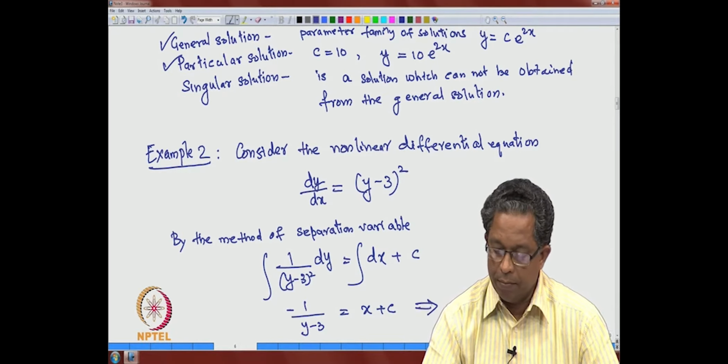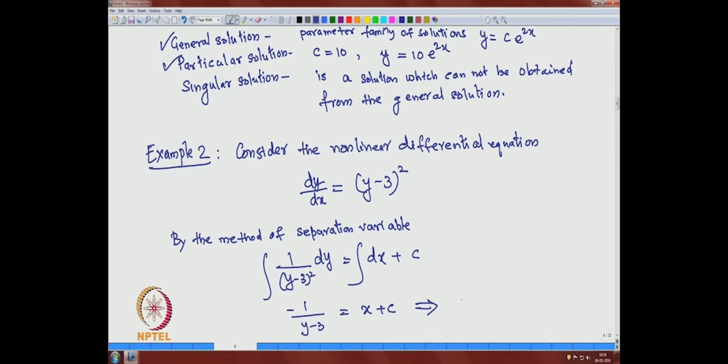So, simplifying, we get y is equal to 3 minus 1 by x plus c. So, this is a general solution for every value of c. Every value of c, this is a solution. So, therefore, this is a general solution.